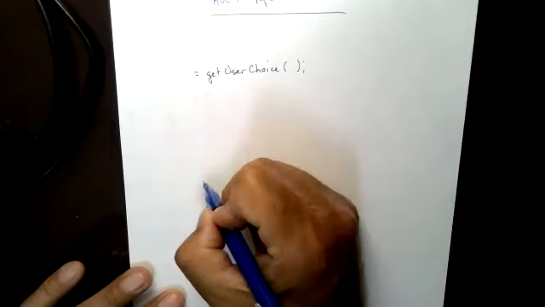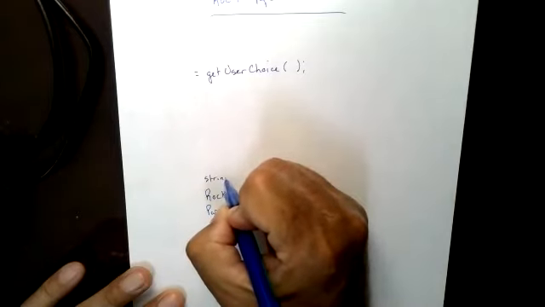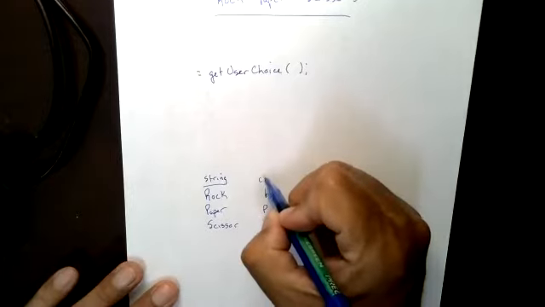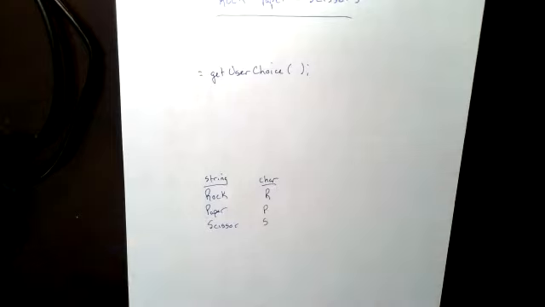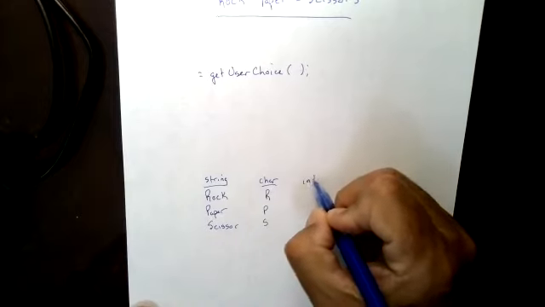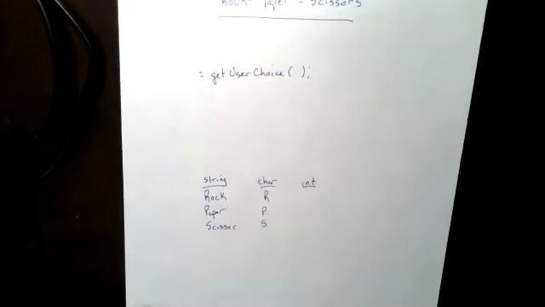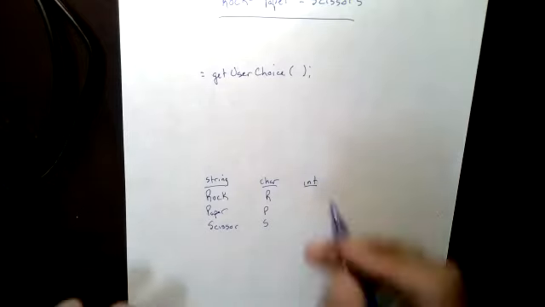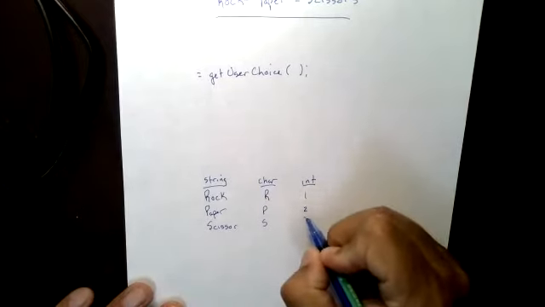We could actually go all out and have a string and do the whole thing, but why have the user type in all of that? We could have a char. We could give the user the option of an R, a P, and an S. Somebody else said one more data type, an int, which would be fine as well. What ints do you want to use? My hope is 1, 2, or 3.